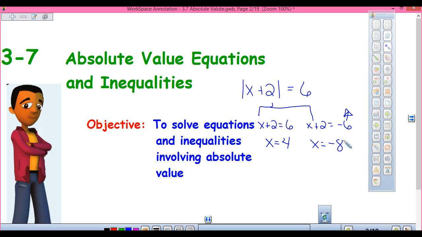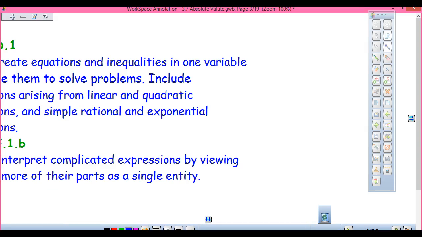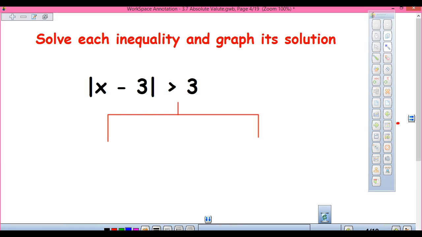Okay, very similar is absolute value inequality. I still have to write two separate inequalities. There's just one extra rule with this. My first inequality is just replicating it: x minus 3 is greater than 3.